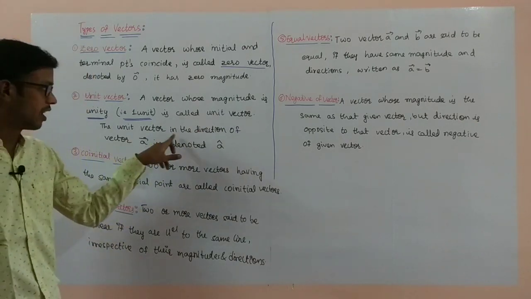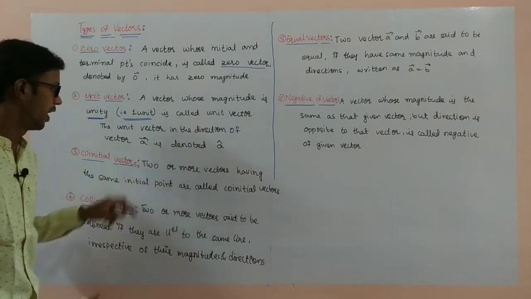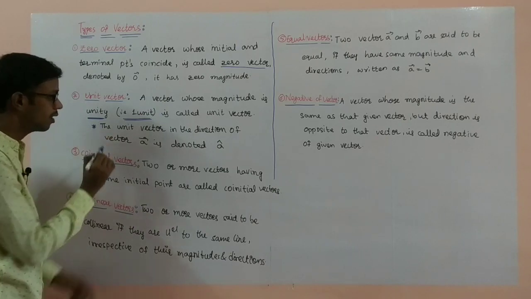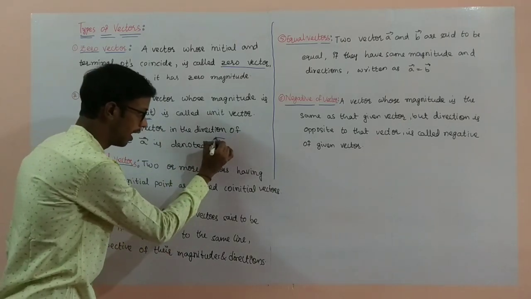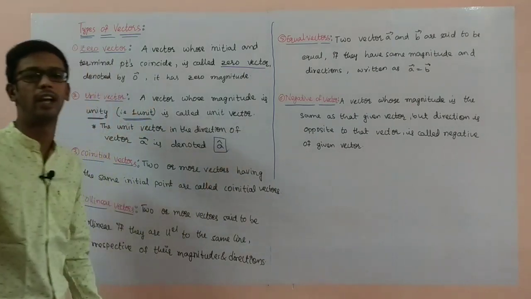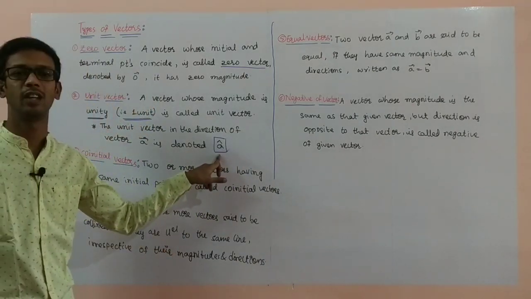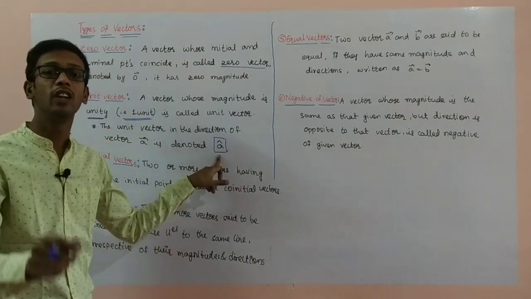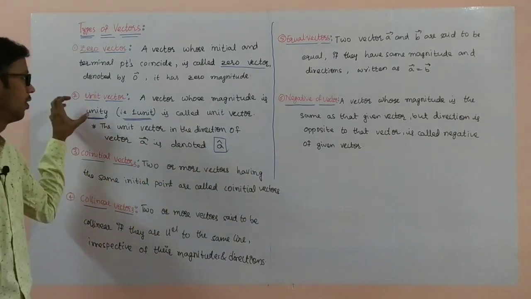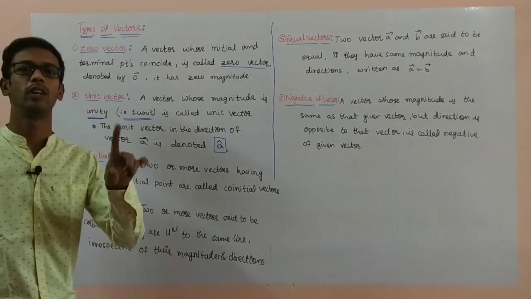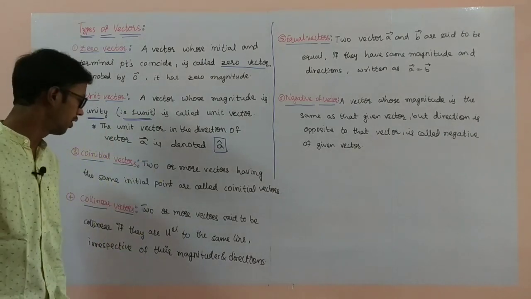The unit vector in the direction of vector A bar is denoted by A cap. A cap is a unit vector in the direction of A bar. Magnitude is 1, that is a unit vector.